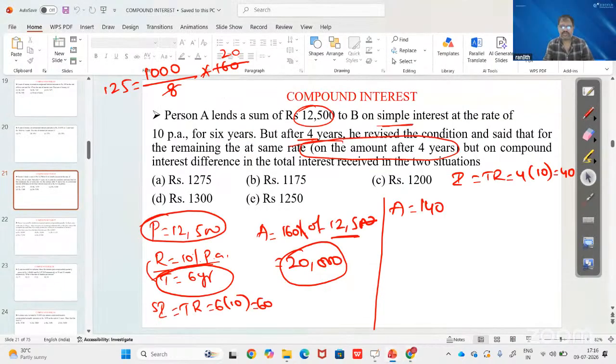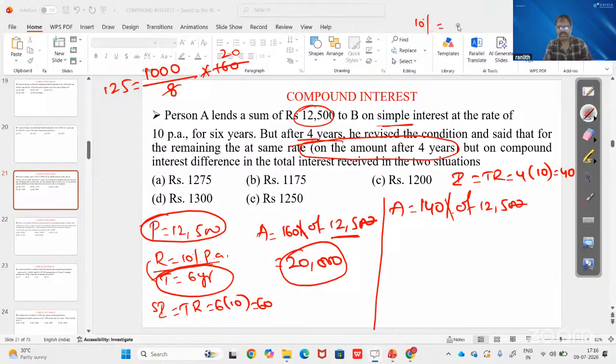Okay, 140% of 12,500. Again percentage is cancelled. If I go directly with 140 percentage, 140% of 12,500, what is 10 percentage? 10 percentage equal to 1250.